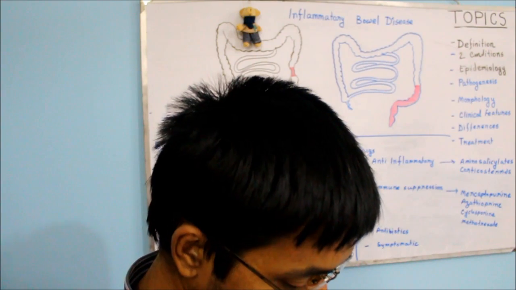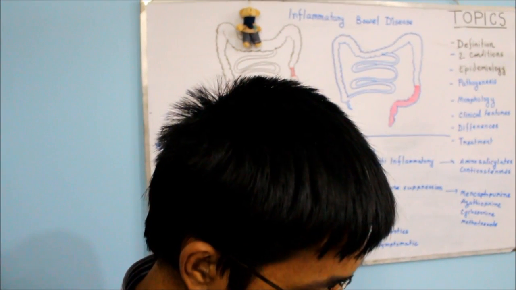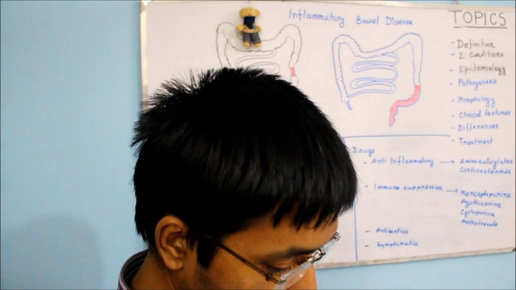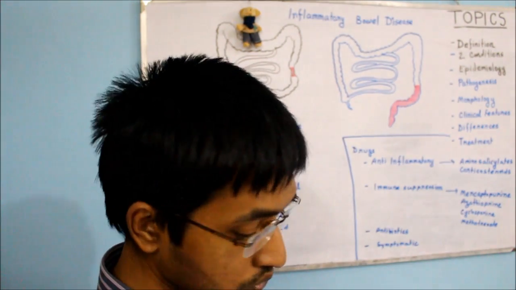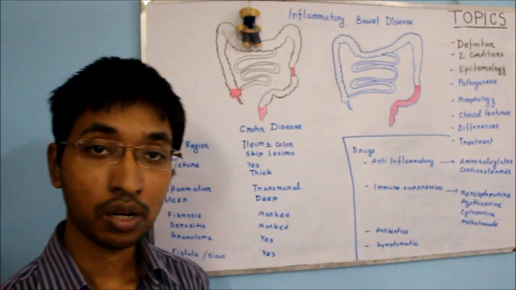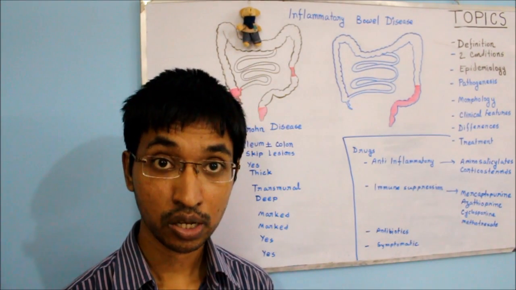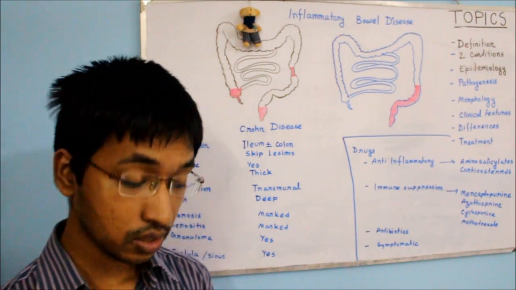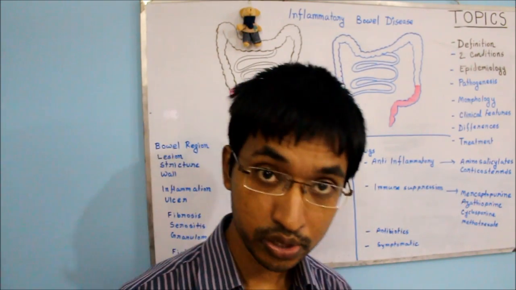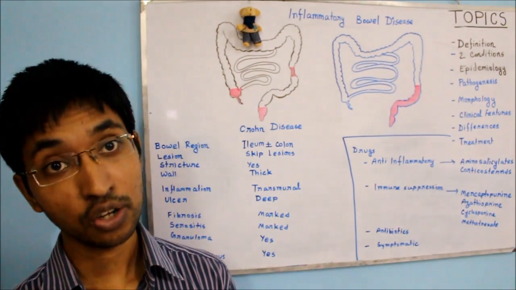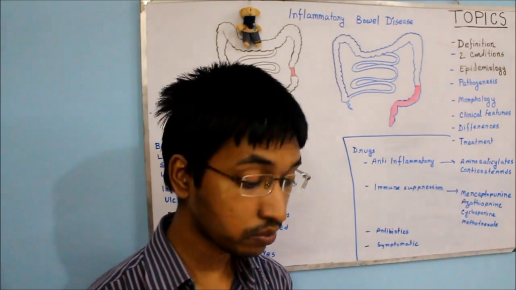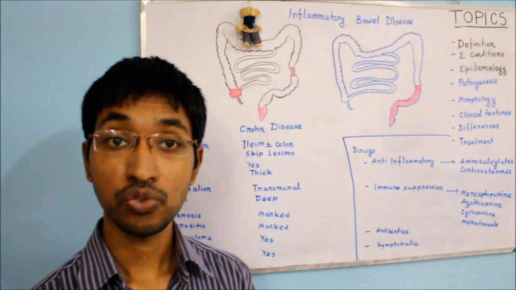And one thing we have to remember, we can also use some other drugs according to symptoms. For example, we can use antidiarrheal medicine. Recall that diarrhea was a very common symptom in the patients of inflammatory bowel disease. The patients also complain of pain, so we can also prescribe them different pain relievers.